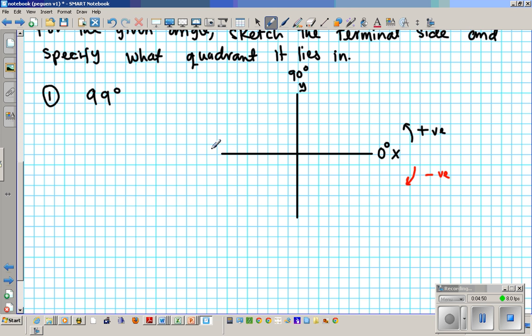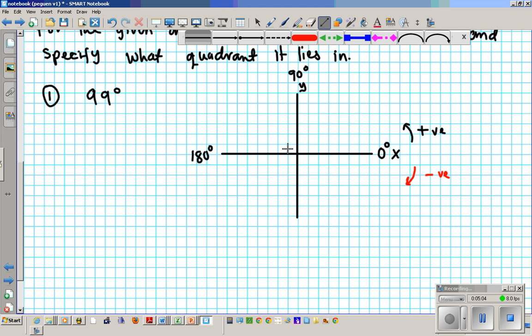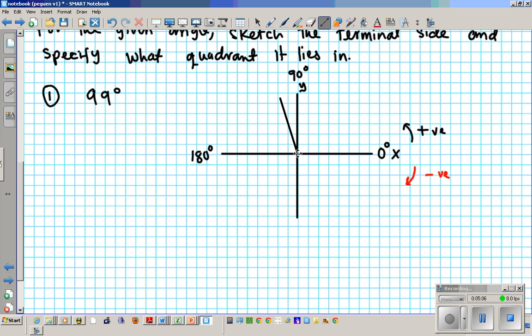Do we keep going around or do we stop? This is smaller, so we keep on going. Another quarter circle is 90 plus 90, which is 180. Keep going or stop? We already went too far, so we're going to backtrack. 99 is going to be somewhere close to 90, so it's going to be somewhere right here. Okay? So from here to here, that is 99 degrees.